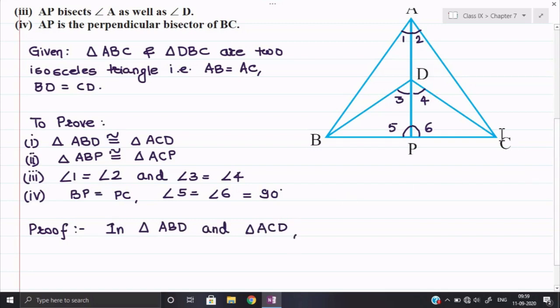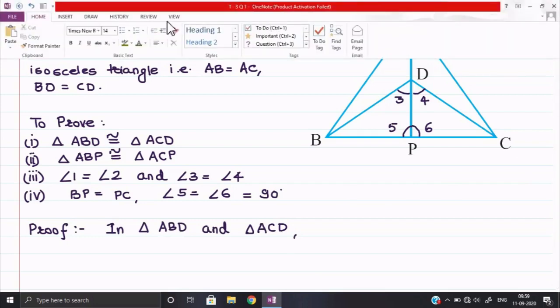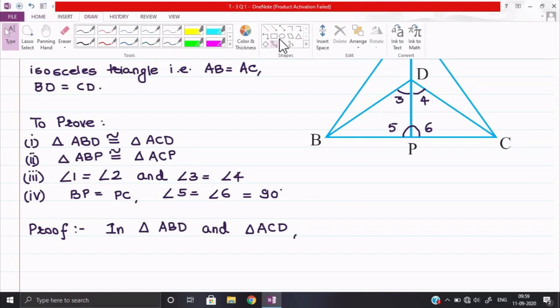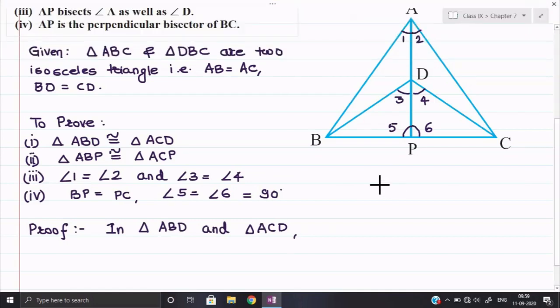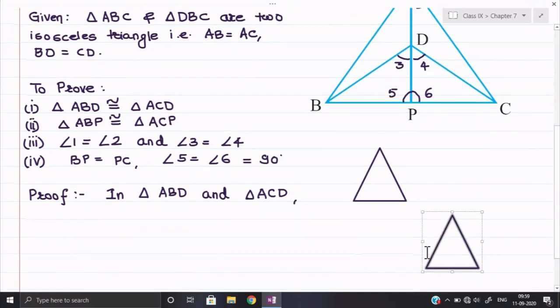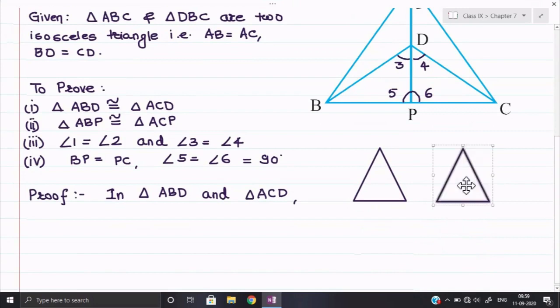If I draw the two triangles over here, for our convenience we can draw it and we'll see which sides are equal over there. So suppose this one triangle if I draw, okay, one copy I will create of this triangle, and we shall mark these two triangles as ABD and ACD.